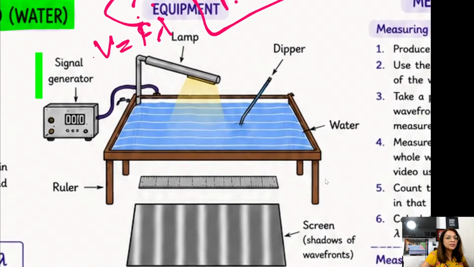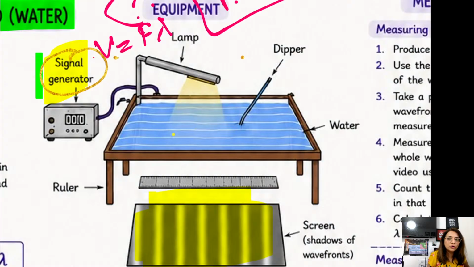Now to use that, basically you use this setup. There is a screen at the bottom. There is a signal generator you see here, which I'm going to highlight, and a white screen at the bottom. You shadow the light and the waves, look at the board.